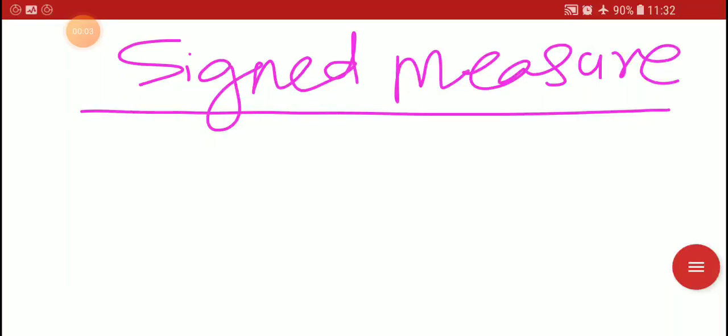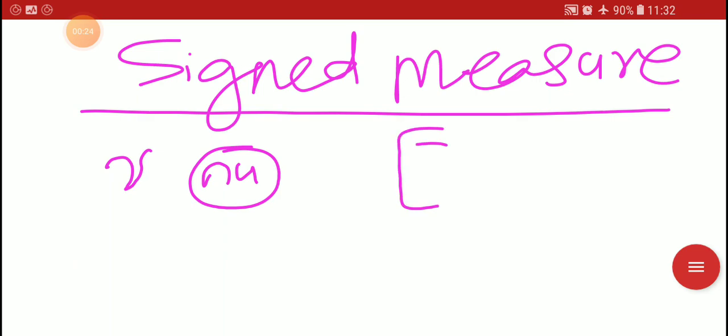Next term, signed measure in measure theory. Signed measure is a set function, and the symbol for that is nu, Greek letter nu, defined on a measurable space (X, S).